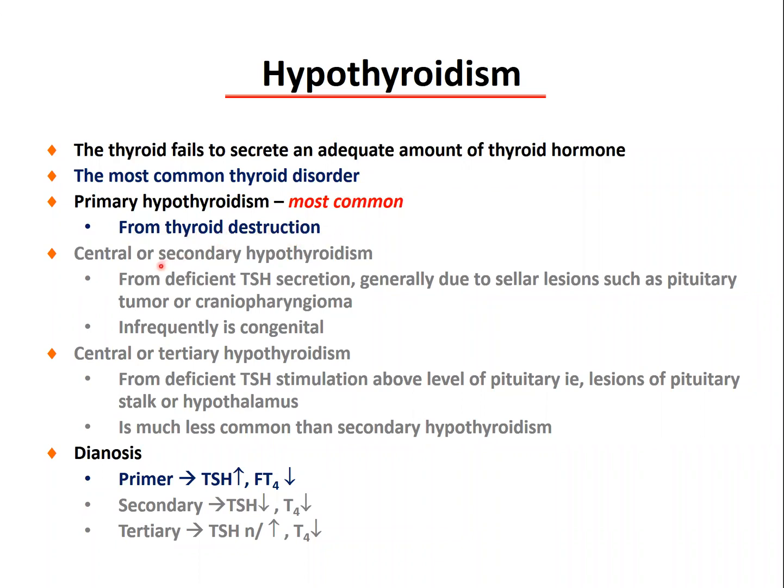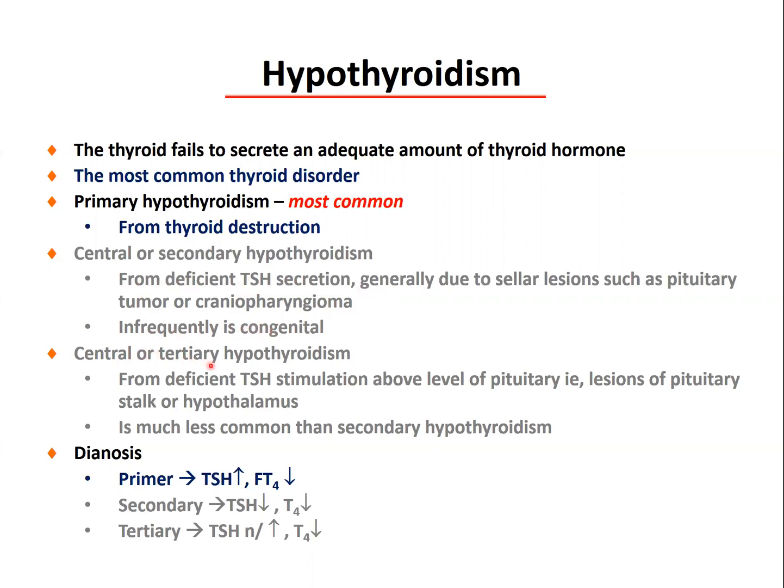It can be secondary, but that is rarer, when the pituitary doesn't secrete TSH, for example due to some kind of lesion of the pituitary or the sella. This is what we discussed previously in the pituitary diseases. That can be very rare in a congenital problem.